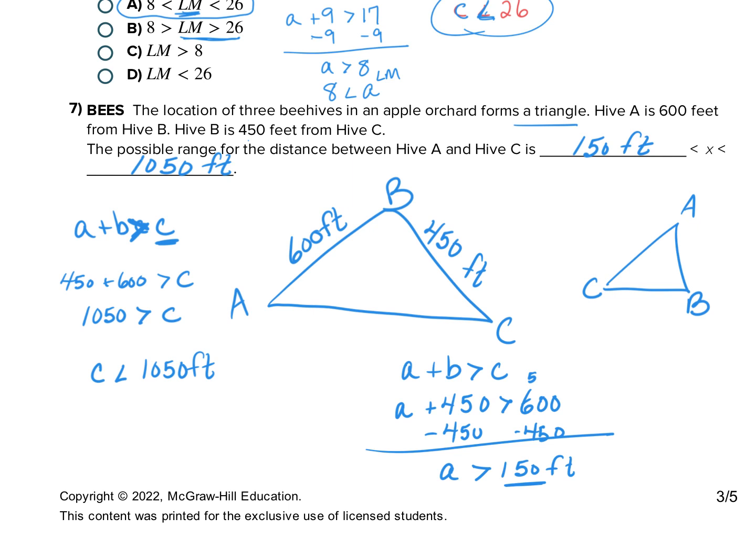The shortcut to this, ladies and gentlemen, if you notice from doing these two problems: in the first instance, I added my two lengths, and then I subtracted my two lengths. So given any two lengths of a triangle, and you're trying to find the third length, your greatest length is going to be the sum of your two sides, and your shortest length is going to be the difference of your two sides.